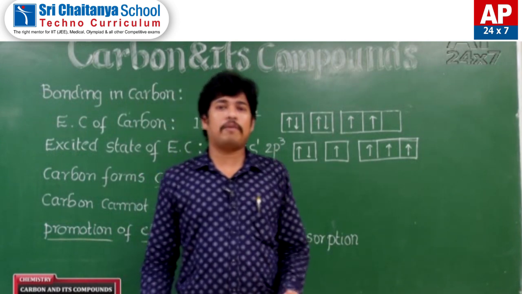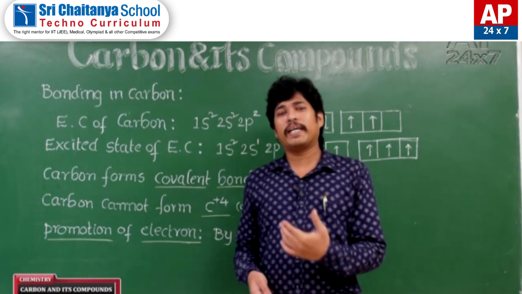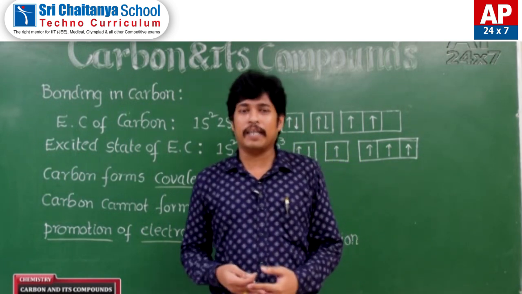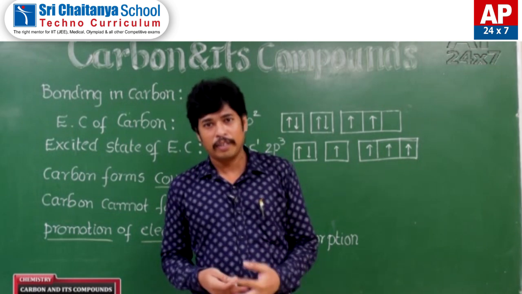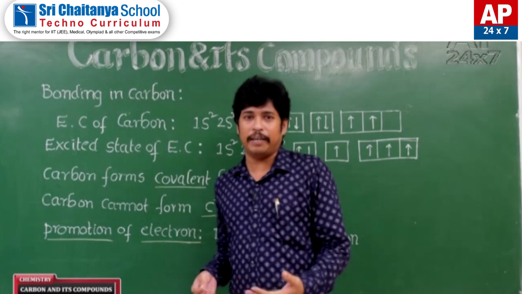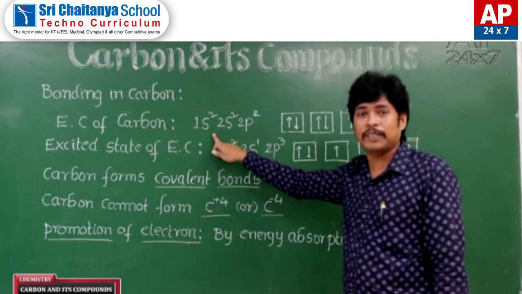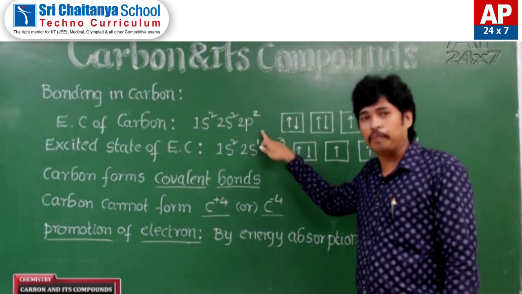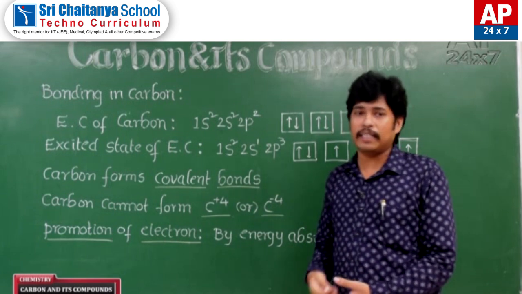Coming to the type of bonding observed in carbon, we have to know what type of chemical bond formation we can see in carbon before going to study carbon and its compounds. As I told before, we already know the electronic configuration of carbon, that is 1s2, 2s2 and 2p2. That means carbon has totally 4 valence electrons.